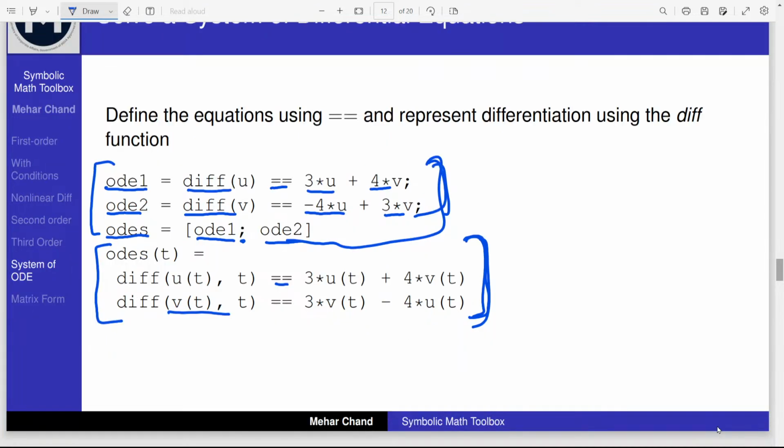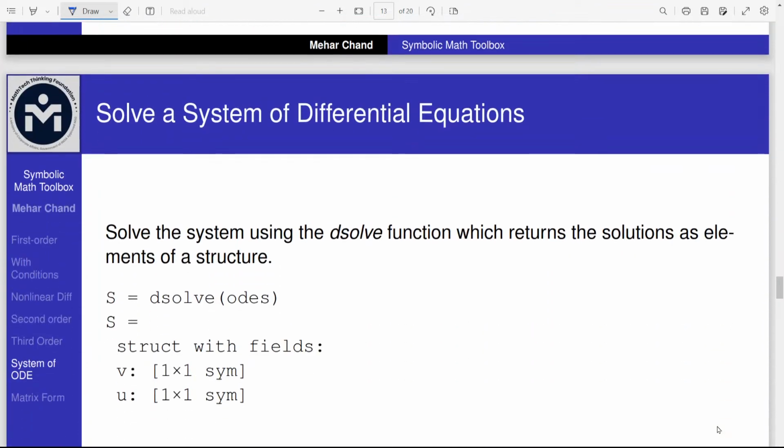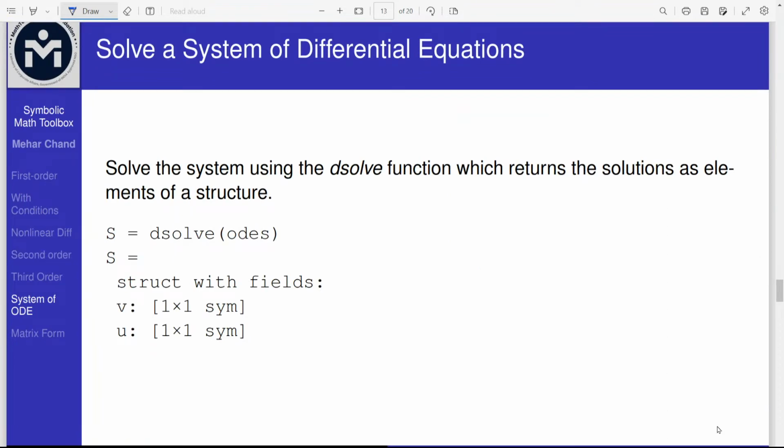After that, how can we solve? You can solve by using the statement dsolve. When you use dsolve, this will solve the system of equations and return the solution as elements of a structure.